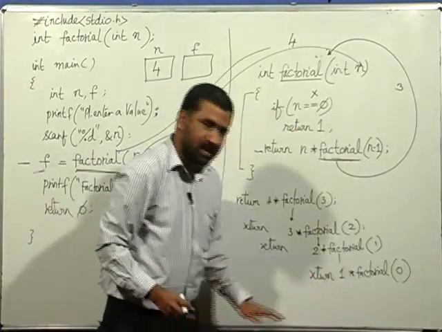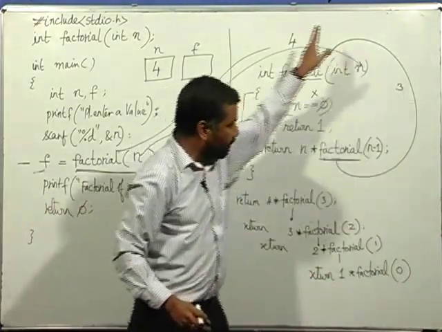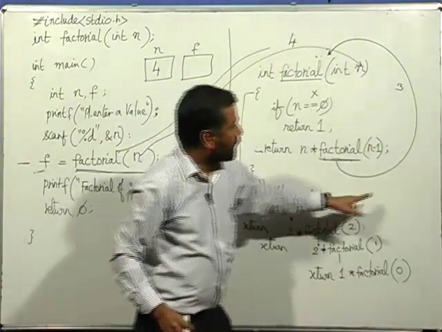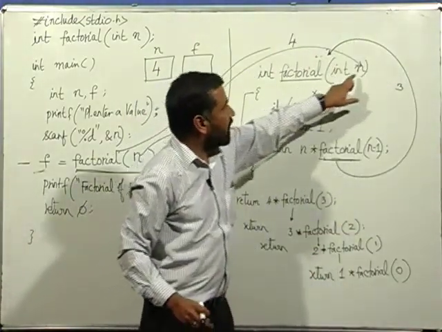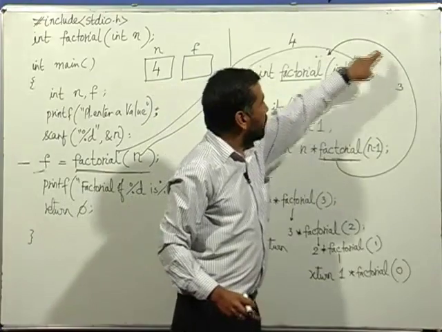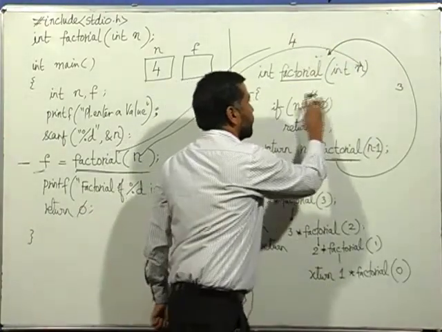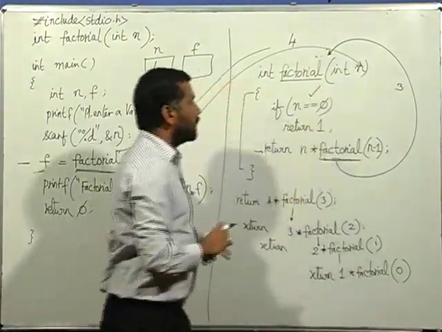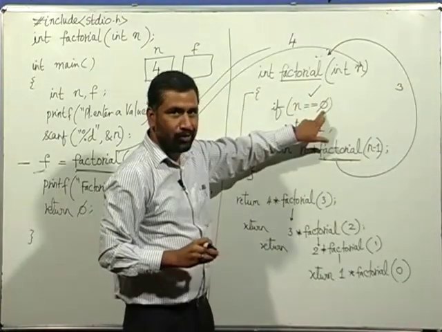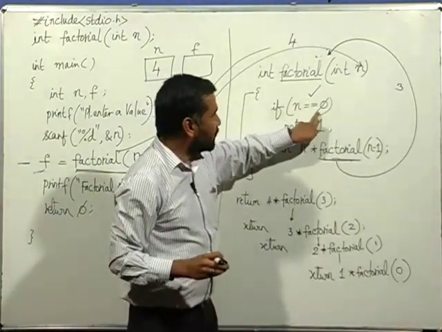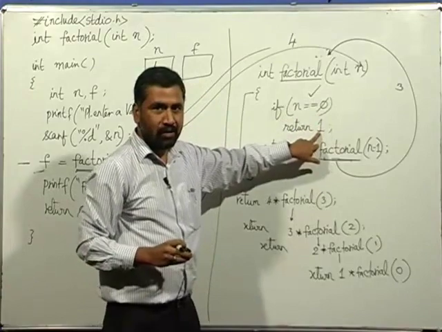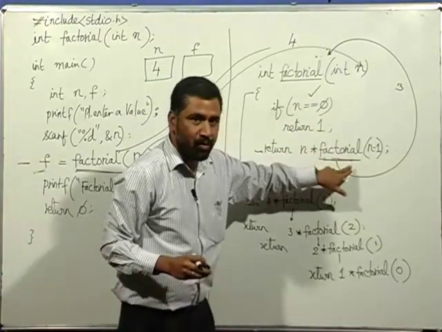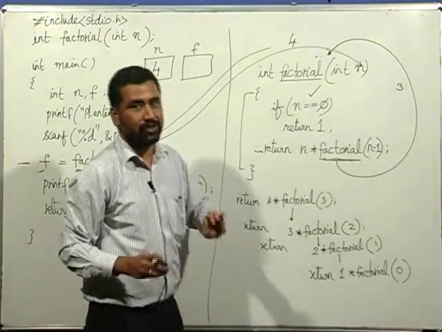So we can very easily see that when ultimately one final time the factorial is called with a value of n equal to 0, the body is entered, but at that time this value is equal to 0. So once it is equal to 0, it will simply return the value of 1. There won't be any more recursive function calls.